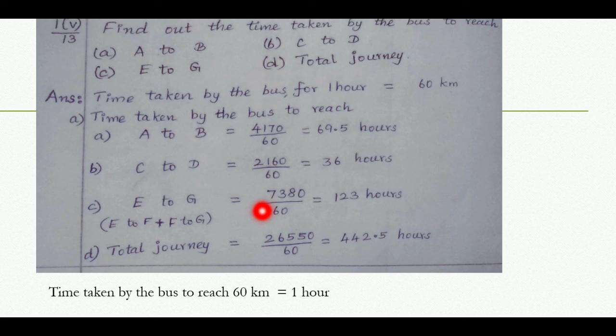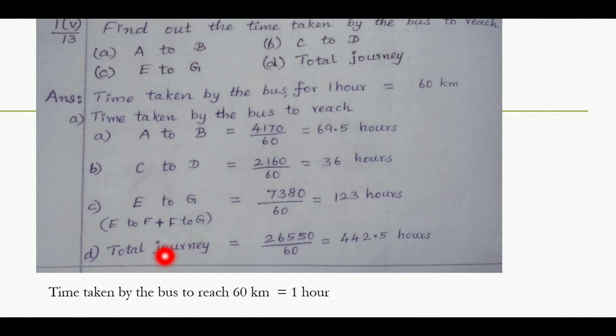So to reach 1 kilometer is 1 by 60. To reach 7,380 kilometers is 7,380 divided by 60. I remind you, this method is called unitary method. You had seen already in your previous classes. So while dividing, you get 123 hours.